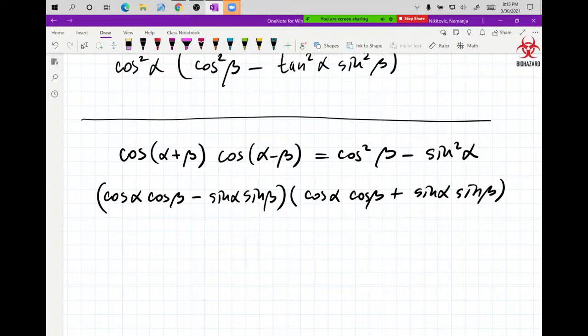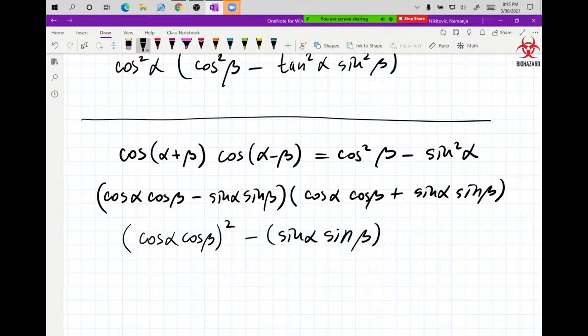Yep, everything that I had is still the same. So cosine alpha cosine beta, everything squared, minus sine alpha sine beta squared. Only 4 minutes.